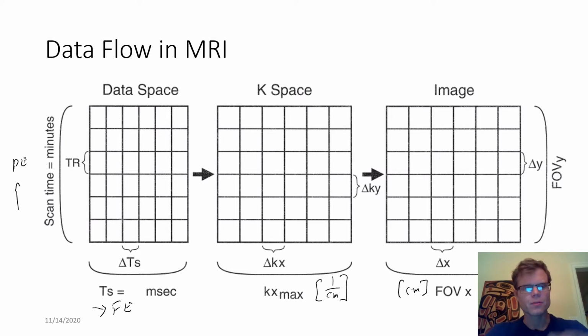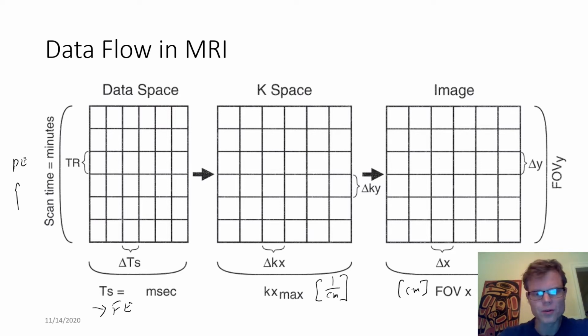And so we take our time information, we take our magnetic field gradients, we convert things into K-space, and then the last step here, as we know, is a Fourier transform to create an image.